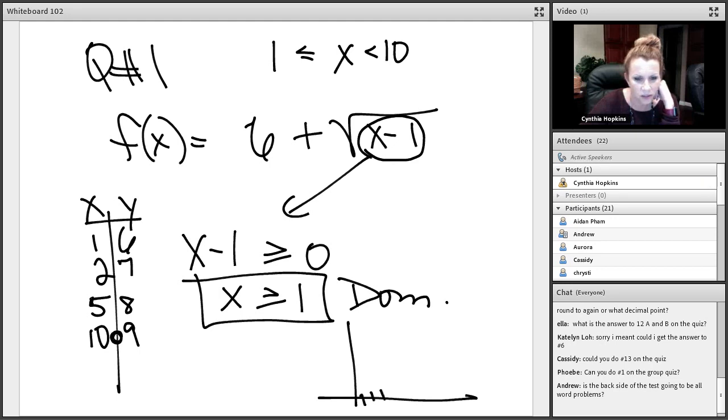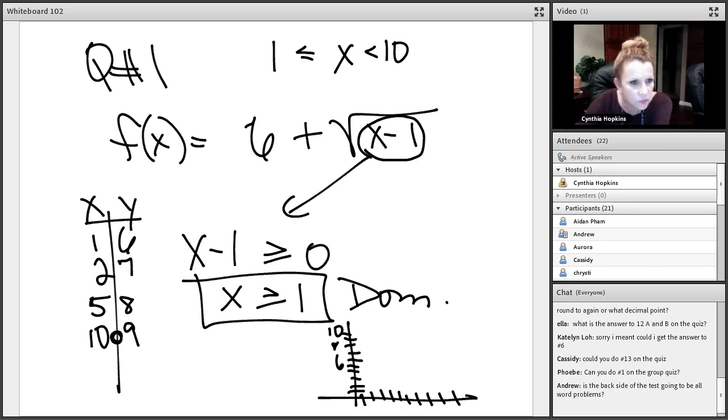So 1, 2, 3, 4, 5, 6, 7, 8, 9, 10. Then my y's also seem to go up like that. So I'm going to go up to 9. So I'm going to label 6, 7, 8, 9, 10.